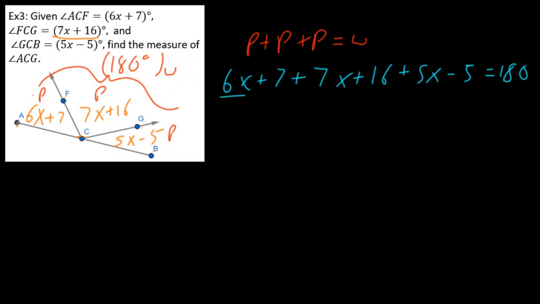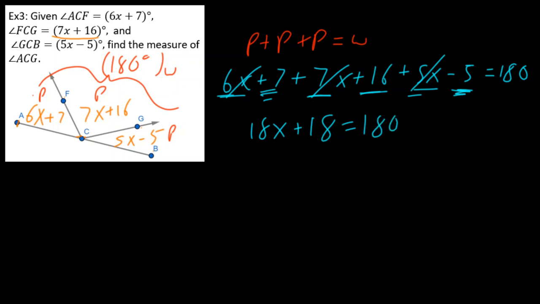I know that 6x, 7x, and 5x, 6 plus 7 is 13, plus 5 would be 18x, plus, and those are all gone. Now we have 7 plus 16, which is 23, and 23 minus 5 is going to give us 18.